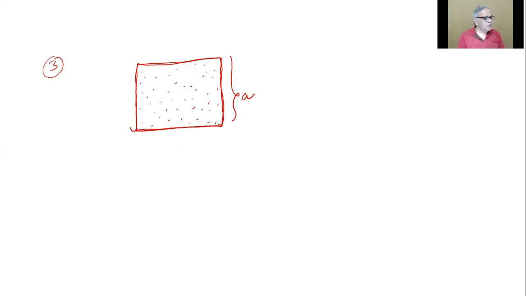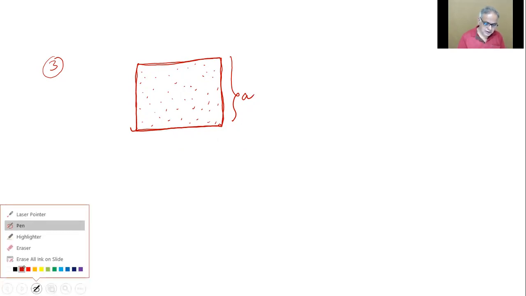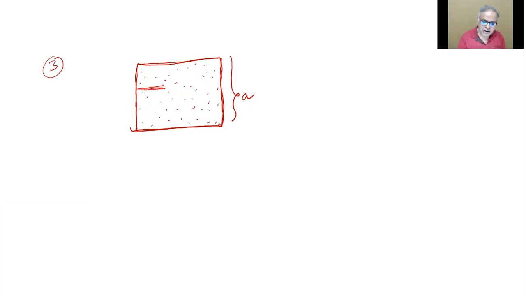Cutting out 4 equal squares from the 4 corners of the square. So what should I do? This kind of cutting, not exact, but let us try. It's like this.